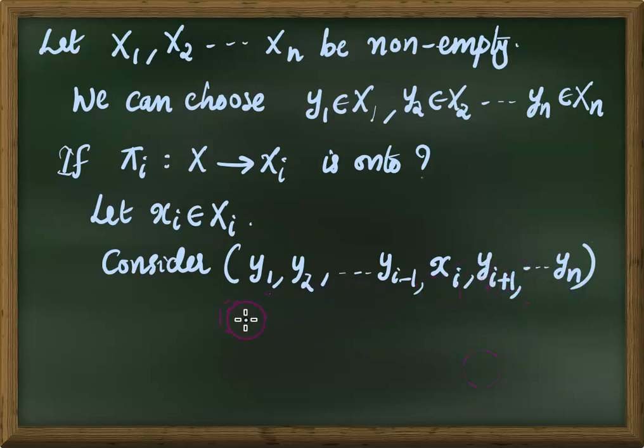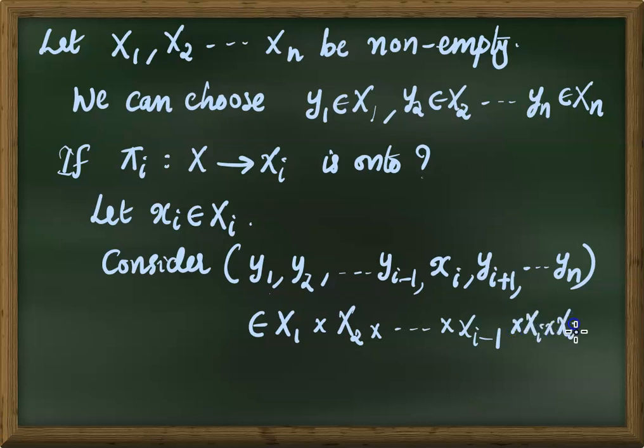Now this is an n-tuple, and this will be a member of the Cartesian product x1 cross x2 cross etc. cross xi minus 1 cross Xi cross xi plus 1 cross etc. cross xn. Since y1 will be a member of X1, y2 will be a member of X2, yi minus 1 is a member of Xi minus 1, small xi is a member of capital Xi, yi plus 1 is a member of Xi plus 1, and so on, yn is a member of Xn.